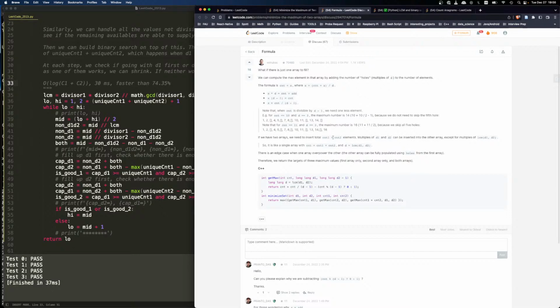I have something similar. What is this count? What is get max? The max elements in that array by adding the number of holes to the number of elements.